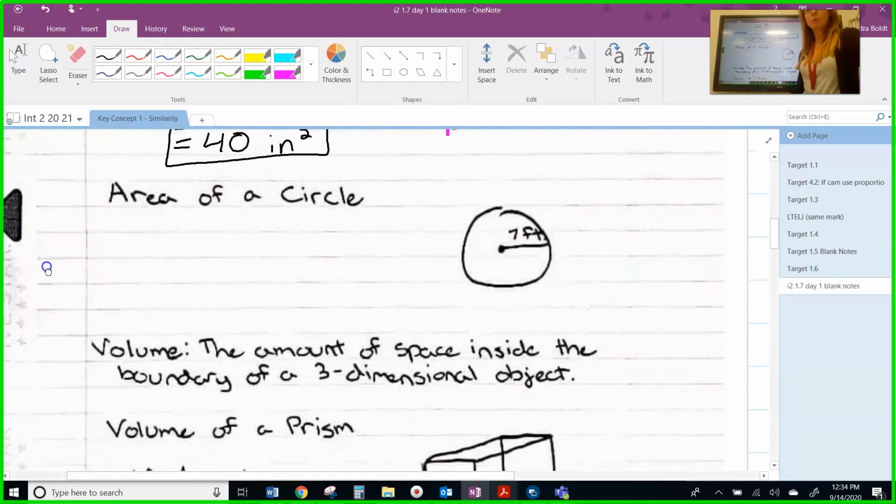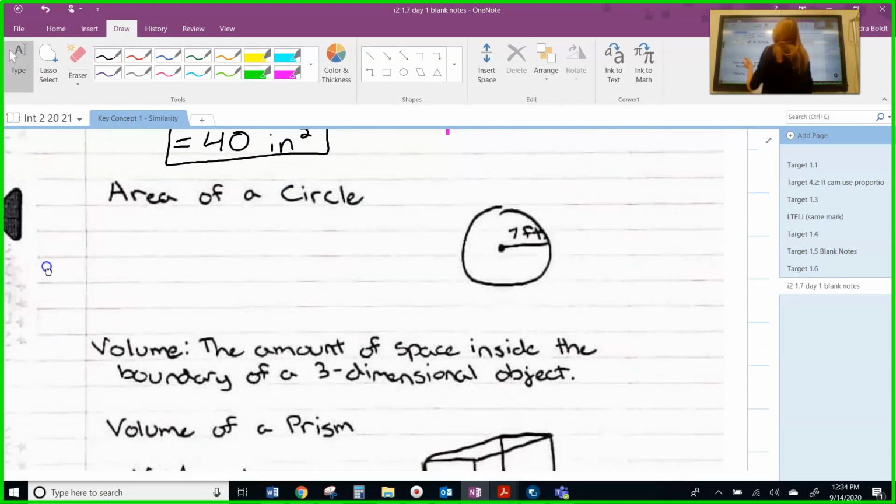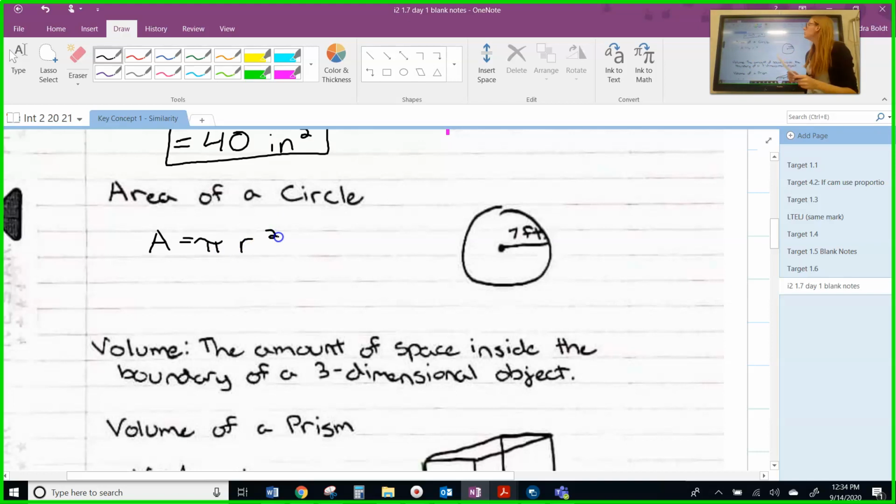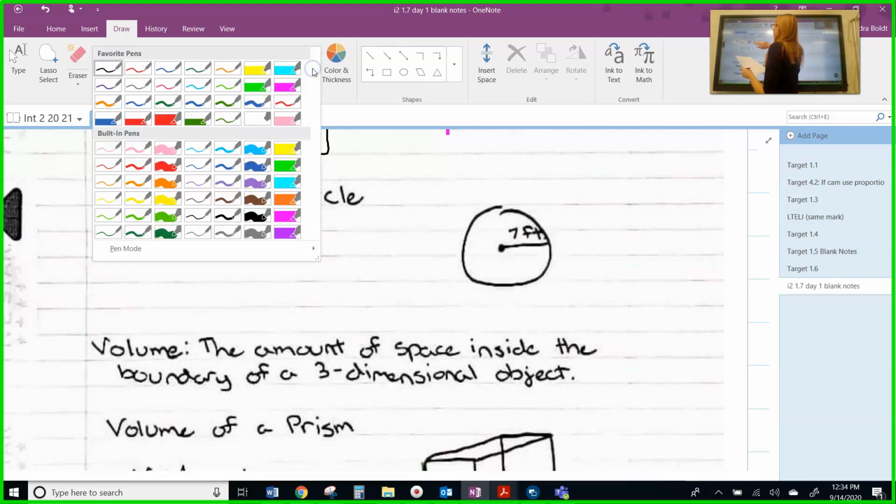Area of a circle. The area of a circle is pi r squared. So the big thing is, what is this r?